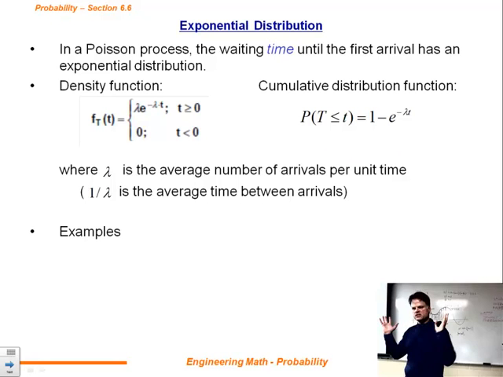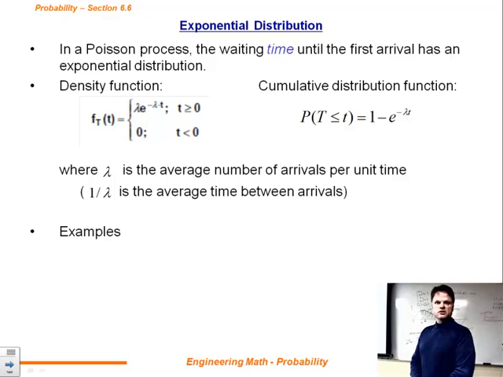We think of successes as coming in at any point in some interval, but we have some average number of successes in that interval. So the same setup, the same parameter lambda, same interval, but now we're interested in a different quantity. We're interested in the waiting time until the first arrival, or the first success.